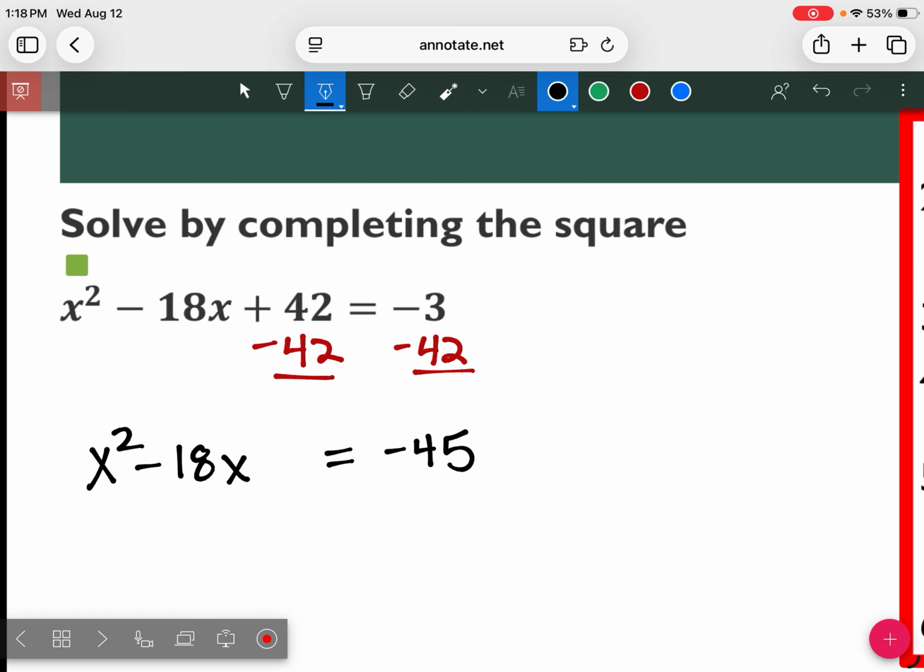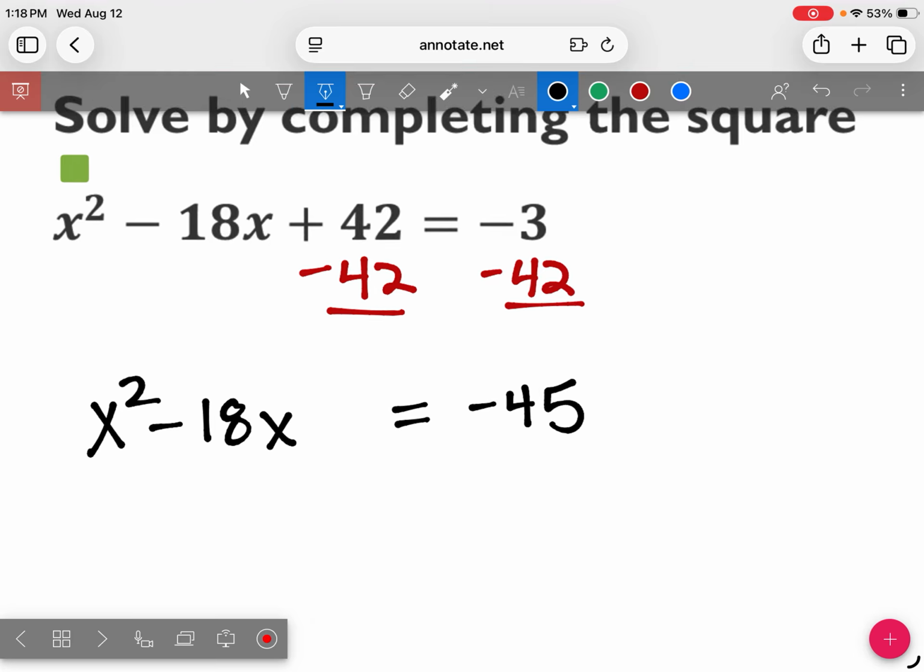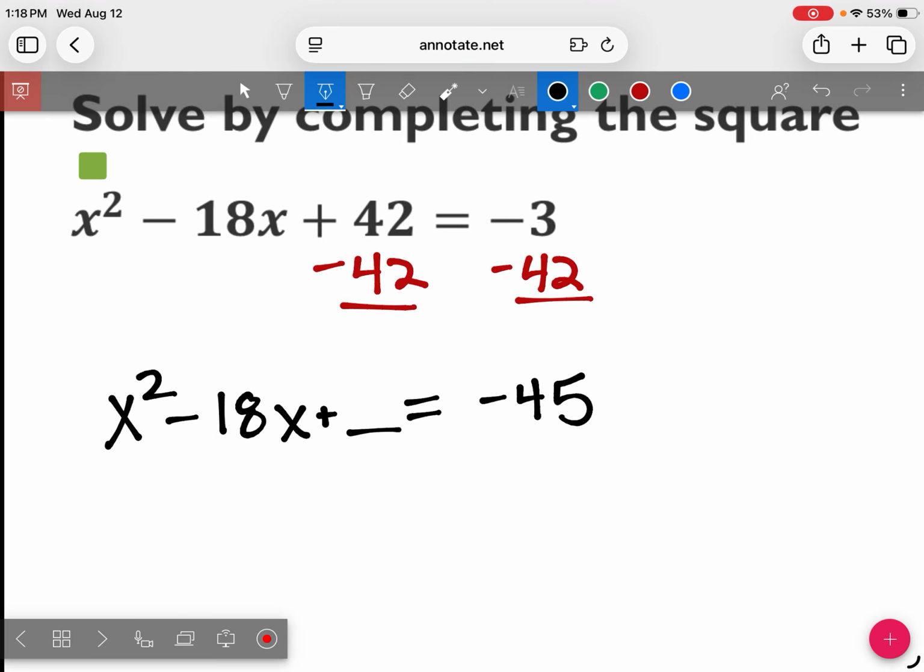Is that right? Okay, so now we need to figure out the number that will make this side a perfect square.